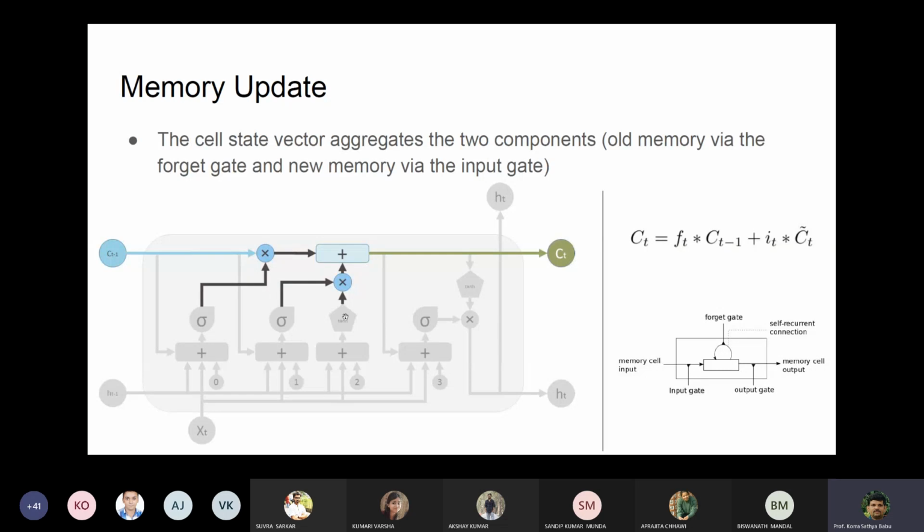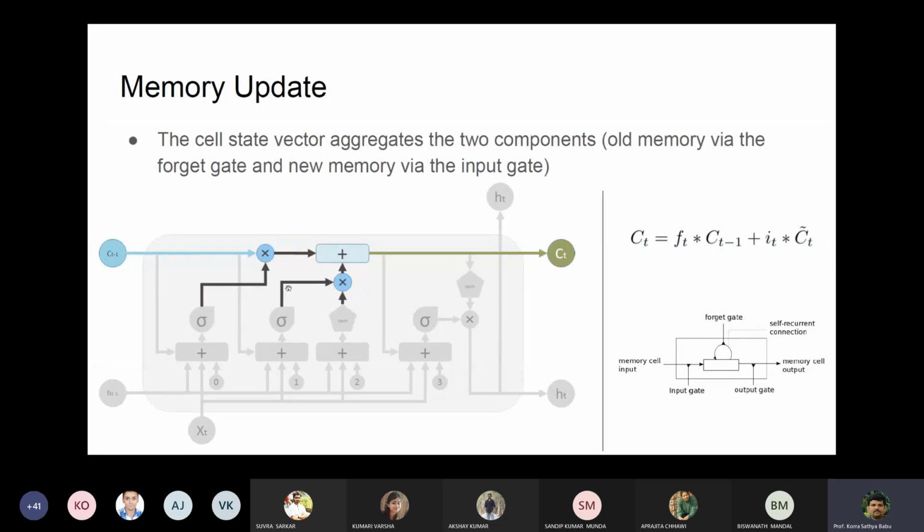We decide to forget what we are interested in forgetting from earlier, then we add the new information. Firstly, we multiply the old state, ft into ct minus 1, plus, as an element-wise summation, it. What is this it?